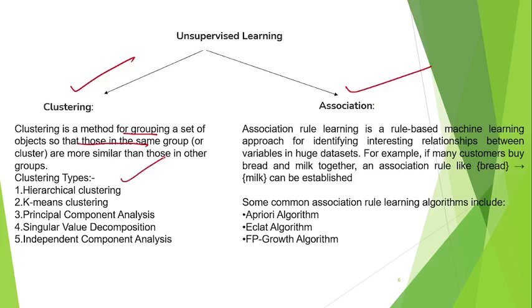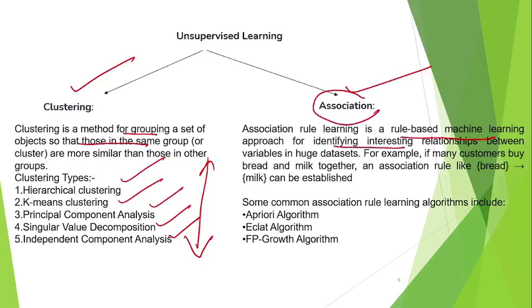That is hierarchical clustering, k-means clustering, principal component analysis, singular value decomposition, and independent component analysis. As we move forward, we are going to see all this part. And association rules are a rule-based mechanism, an approach to identifying rules. For example, many customers buy bread and milk together.